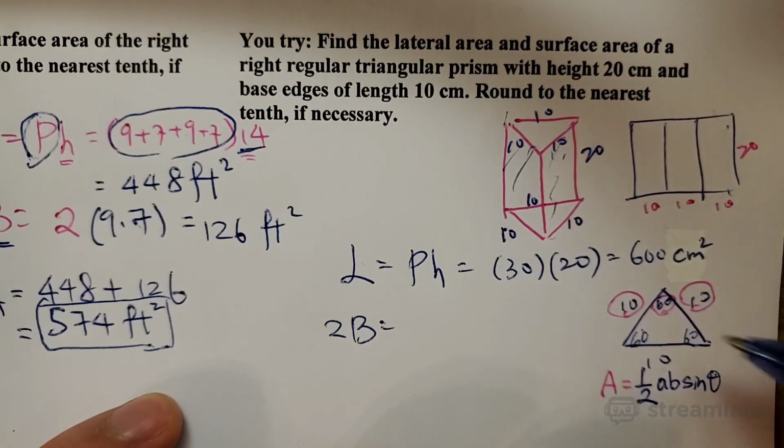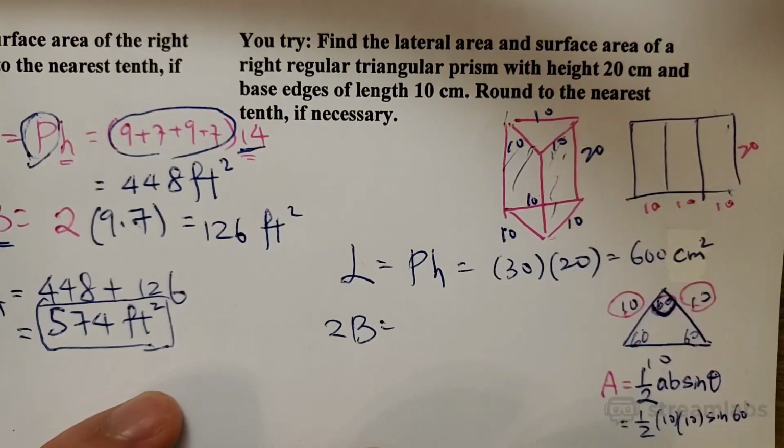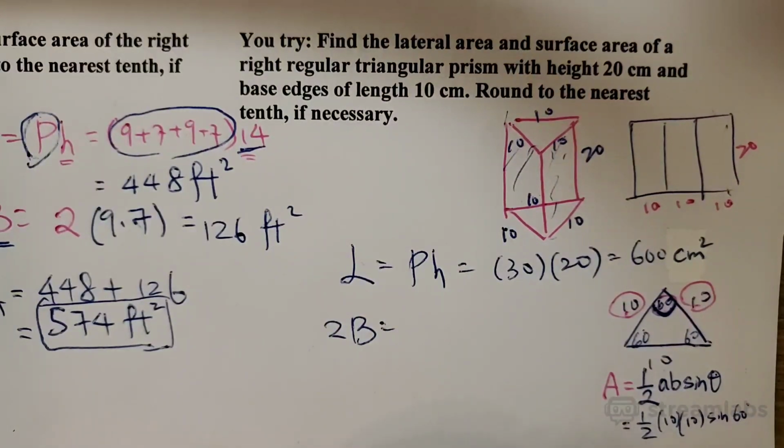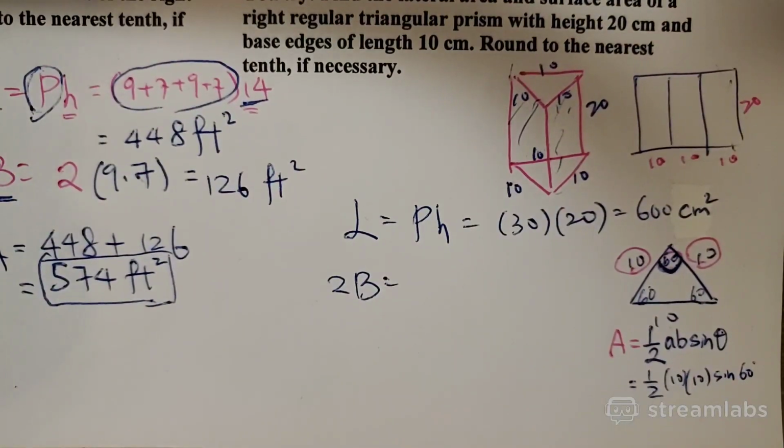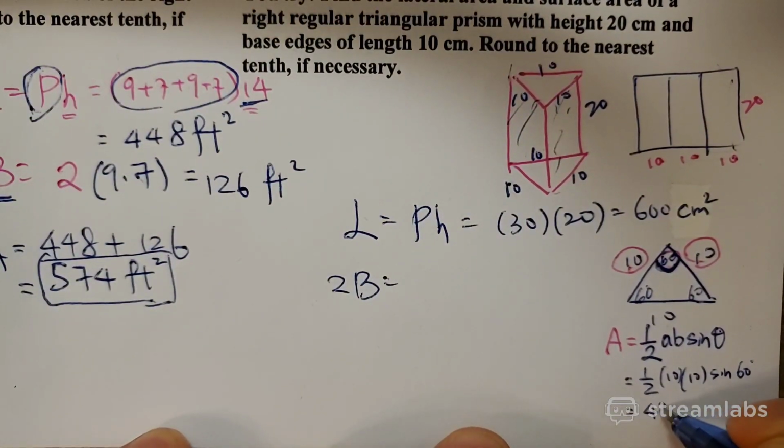The C would be the angle in between. So in this case it's 1/2 times 10 times 10 times sine 60. That turns out to be 43.3.